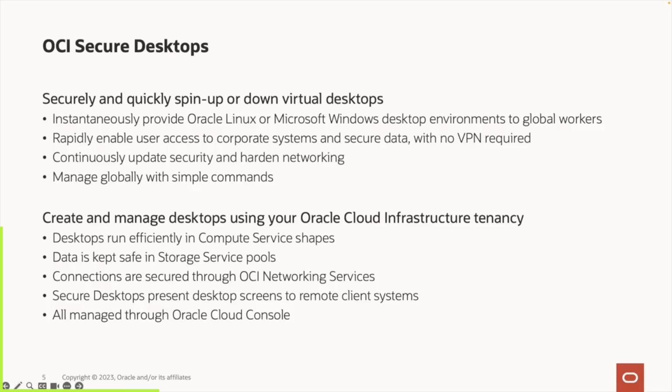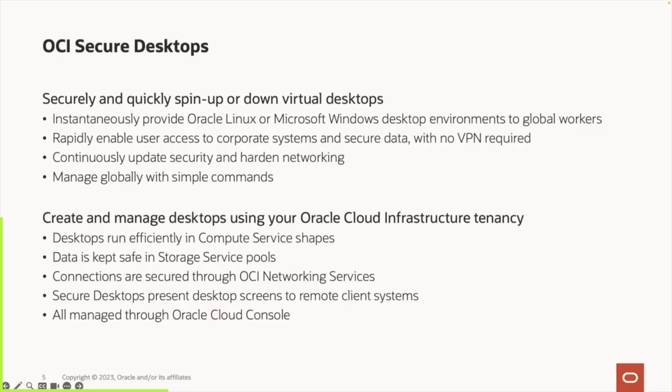So the desktops are running in VMs in the compute service, using storage for the boot device and to keep your files, and using networking, of course, to access it. All those are the standard services available in OCI that you're going to leverage with the secure desktop service. And the secure desktop service will present the desktops running on the compute VM to remote client systems, to your laptop or desktop in front of you.